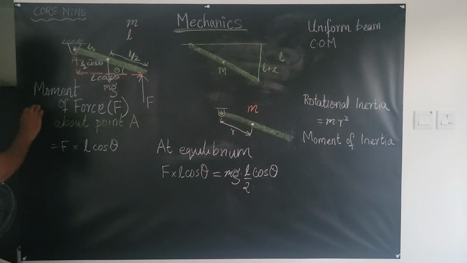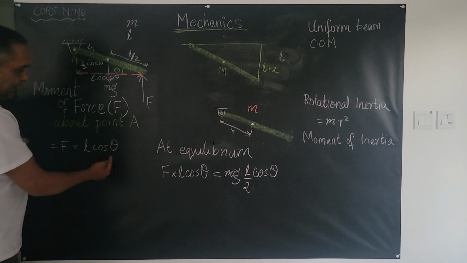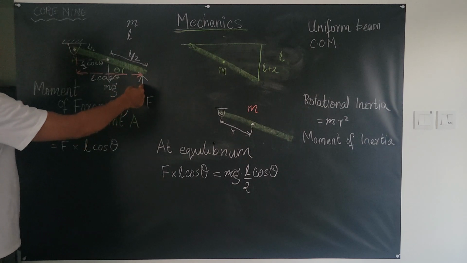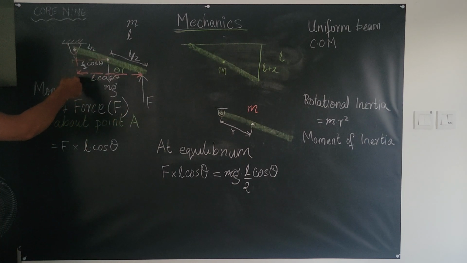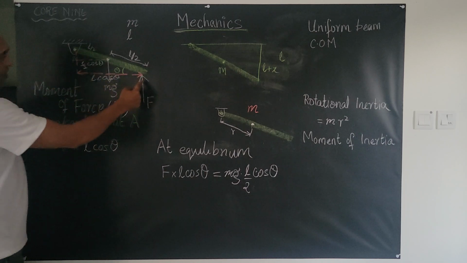And then remember, this moment of a force about a point A is basically that force times the perpendicular distance between that force and the axis of the point, right? That's something to remember.